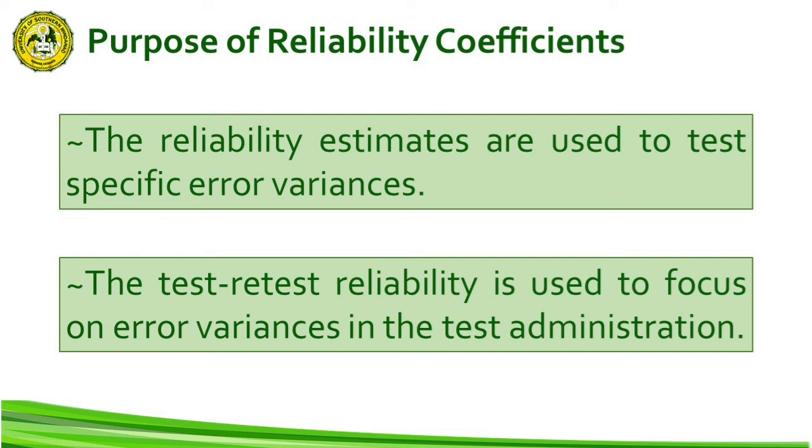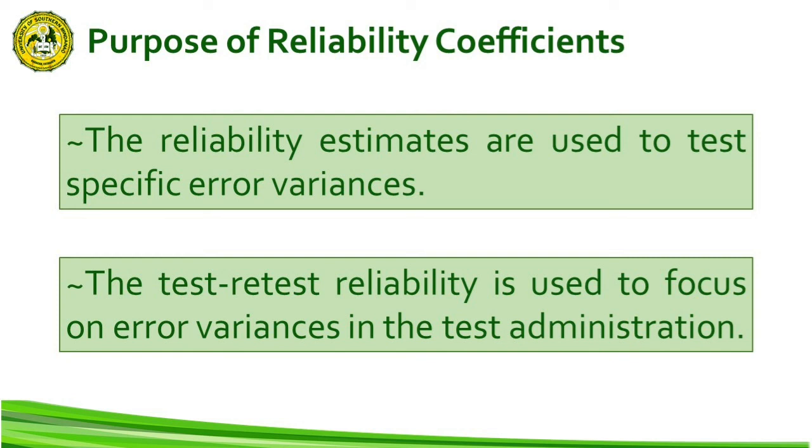So, the test, retest, reliability examines if an instrument is stable across any other context or type. So, the stability of the instrument in any other context or type, yun yung ina-examine ng test, retest, reliability.